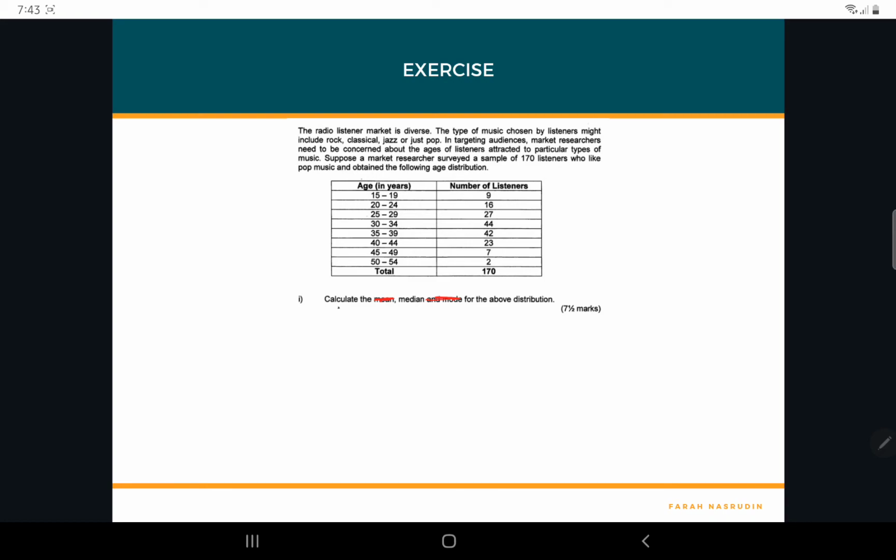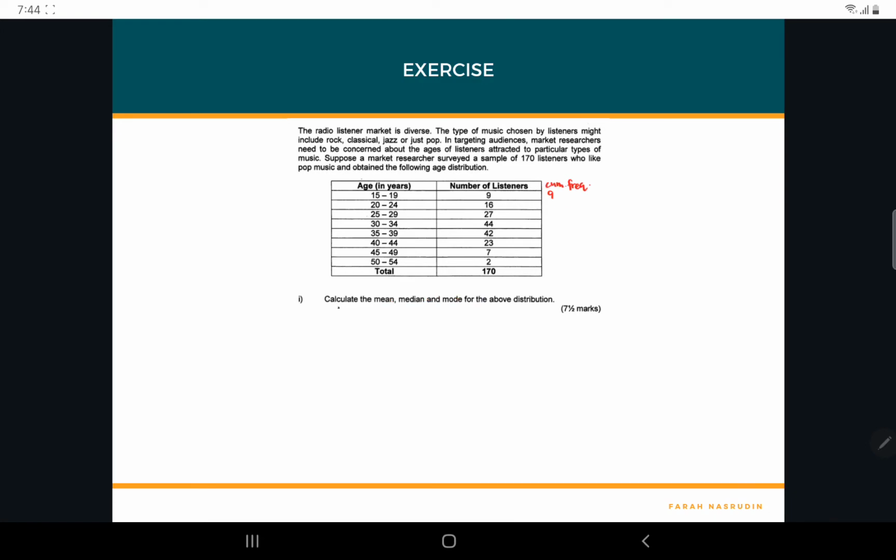So the first one is we need to find the median class. But before that, I forgot that we need to add another column, which is for the cumulative frequency. So here is 9. Kok row ni kecil sangat lah, sekejap.